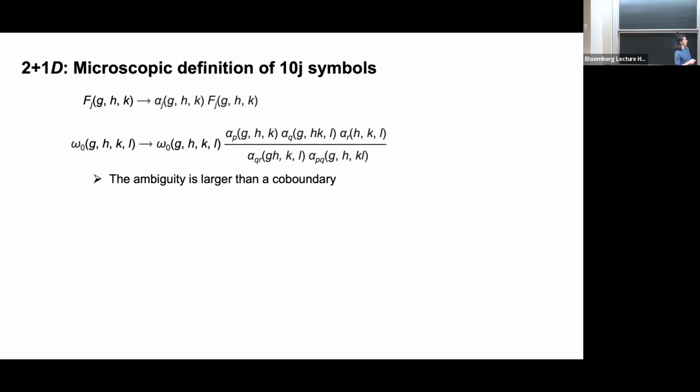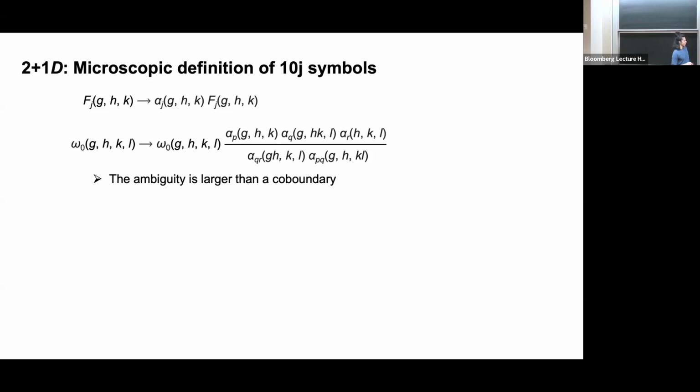And so the transformation of omega naught is much larger than a coboundary transformation. So the question is, can we use Sahan's trick to define the proper omega, which is actually a cocycle and whose ambiguity is a coboundary?